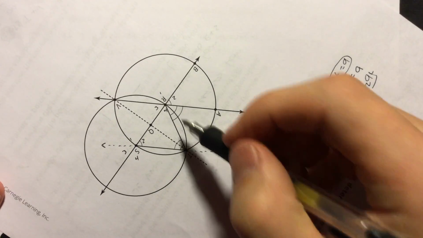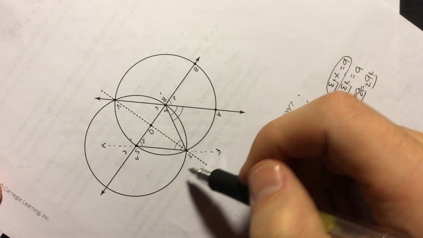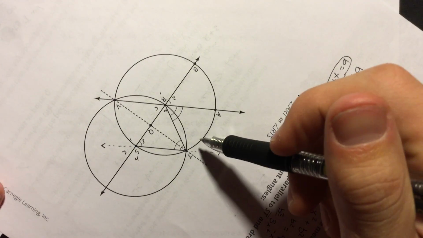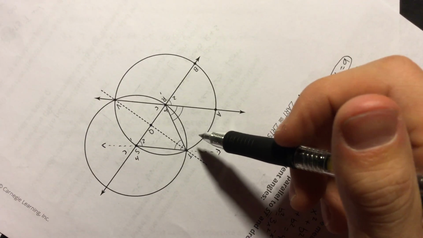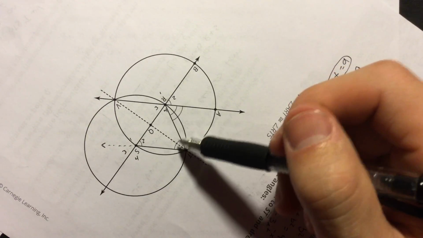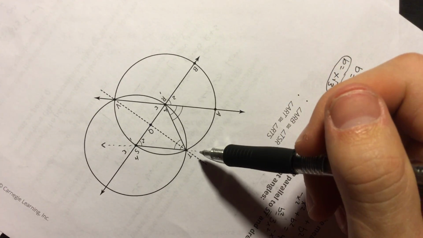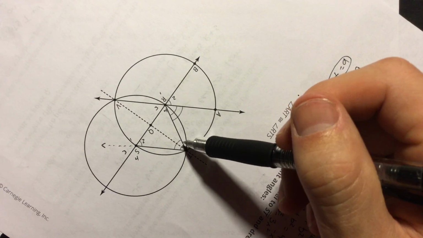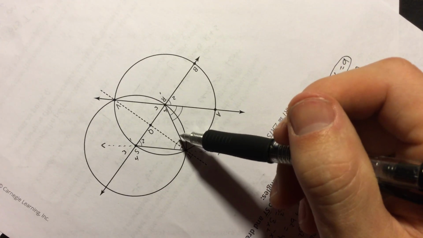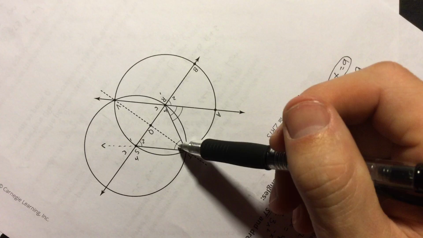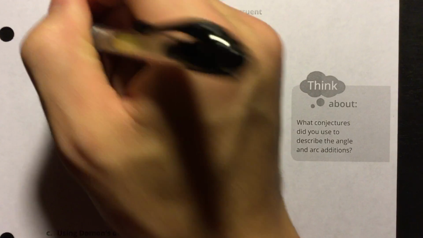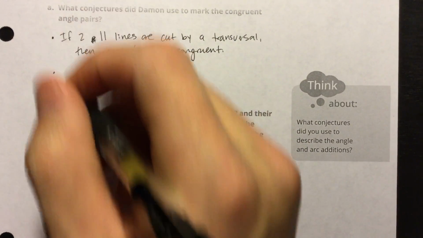Now let's look at another one. So now we're looking at the same parallel lines, but we're looking at angle ART and angle STR, right? So sorry, reading upside down can be a little difficult. So we're looking at these 2 angles. These look like interior angles to me, okay? So something about interior angles. And then they also alternate what side of the transversal they're on, which is why they're called alternate interior angles. Okay, so his second conjecture that he used would start off the same.